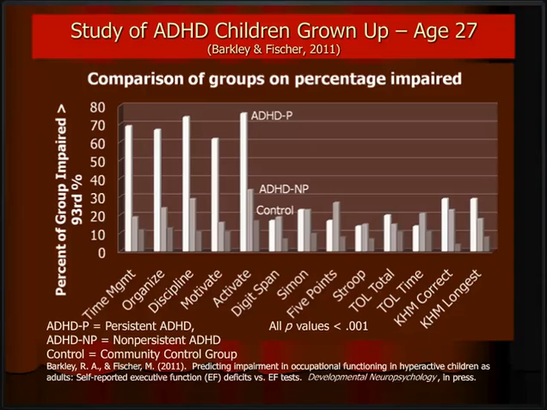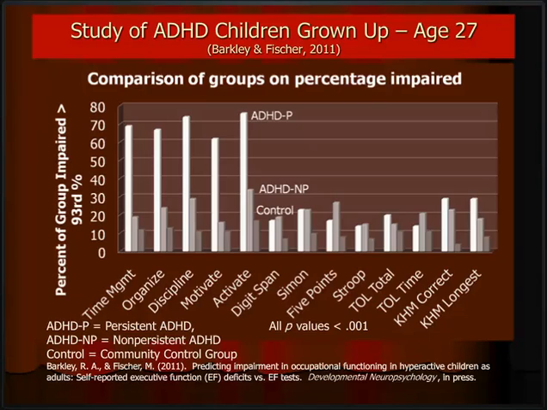And then finally, the third bar is the control group of children being followed up over the same period of time. What we see here is that individuals whose ADHD persisted often were impaired on the executive function rating scale. Indeed, the vast majority of them were impaired in at least 1 or more of the dimensions on this scale that you see along the bottom here.